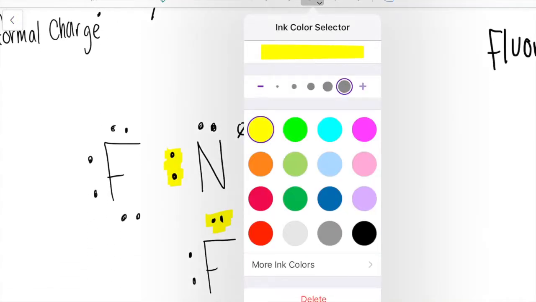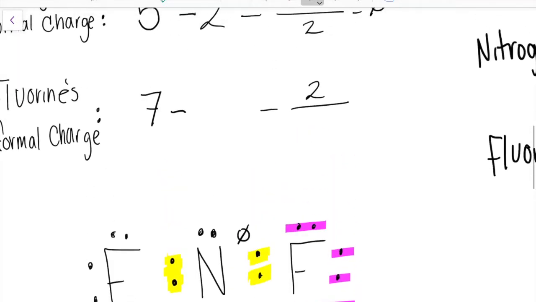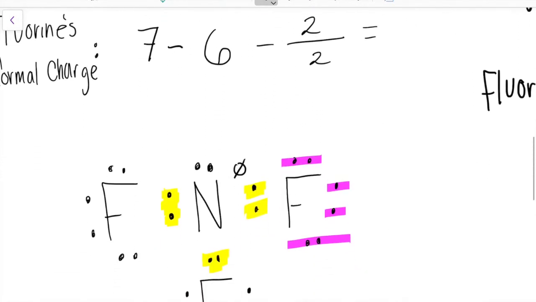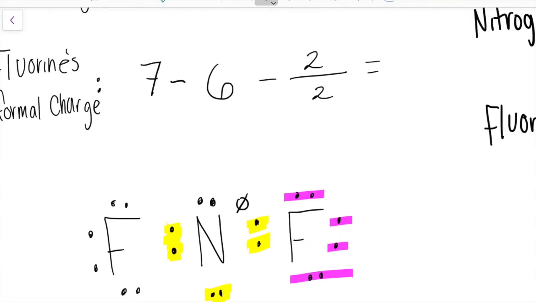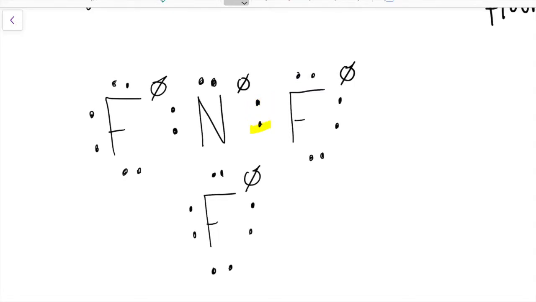And then the non-bonding valence electrons: you see you have 2, 4, and 6. You'll put that in the formula where the non-bonding ones go. And so 7 minus 6 minus 1 is going to be 0. So once again, we have a formal charge for fluorine of 0. All of the fluorines will have that same formal charge. As you can see, nitrogen and fluorine both have a formal charge of 0.